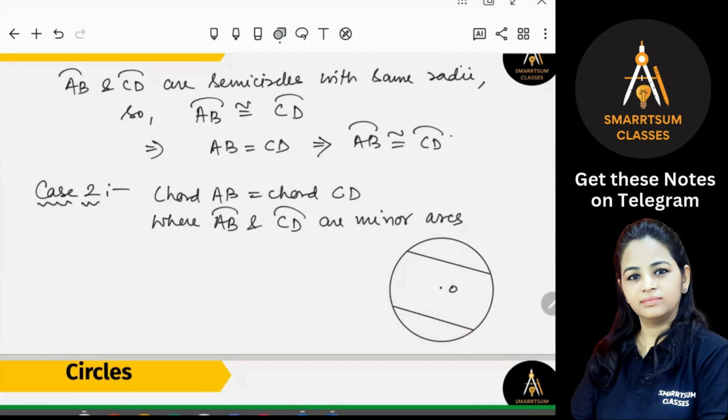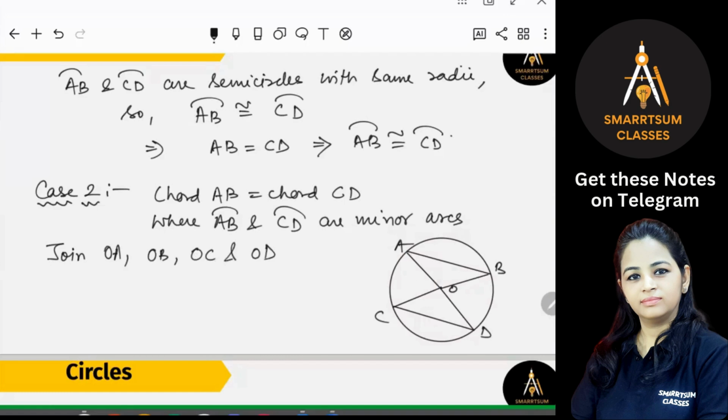Now we will join the ends of AB and CD with O. So join OA, OB, OC, and OD. We have joined them.